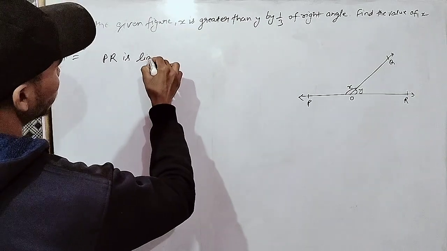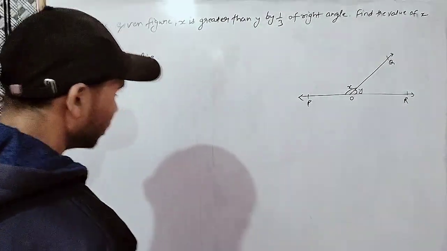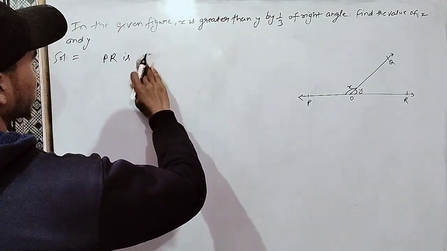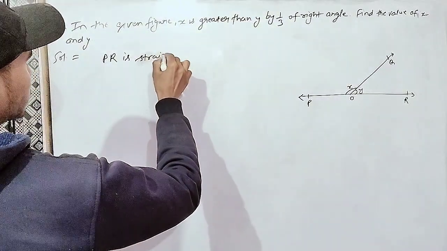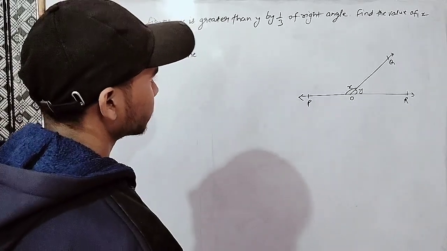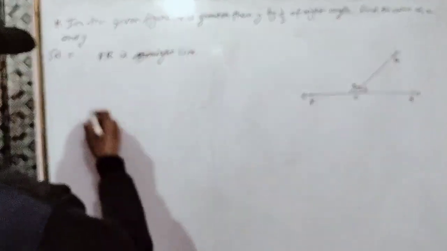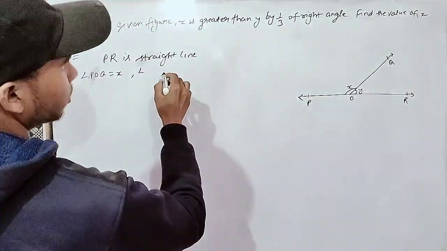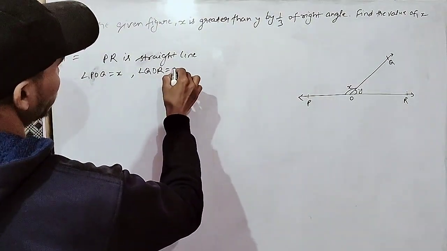So here is a straight line. Angle POQ is x and angle QOR is y.